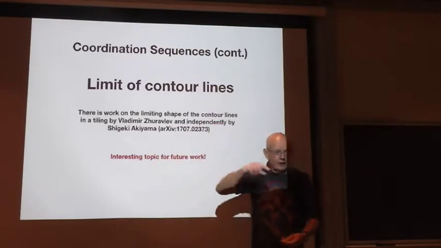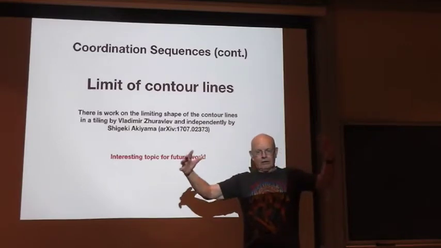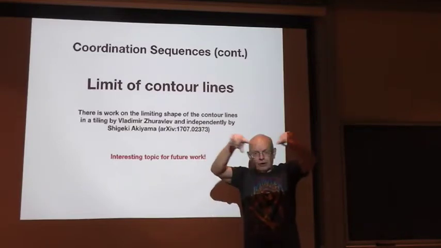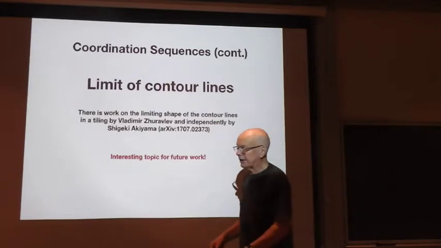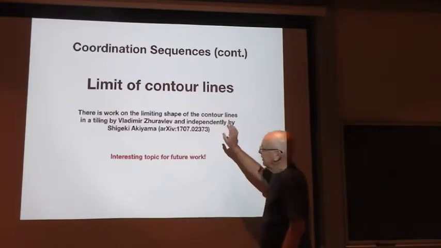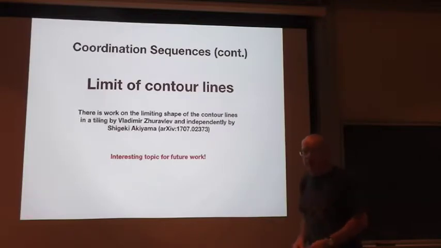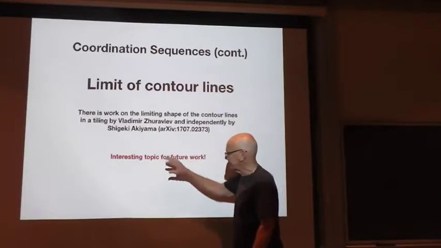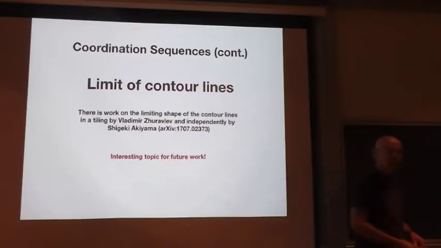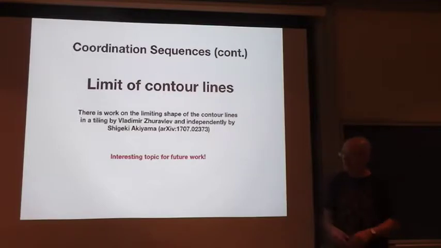For any of these tilings you always get increasing shells where you join points at the same distance, like in that on the postcard. Various people have looked at the asymptotic form of these shapes, and I haven't had time to study this. I think it's a very interesting subject, and might even lead to a proof of the conjecture.